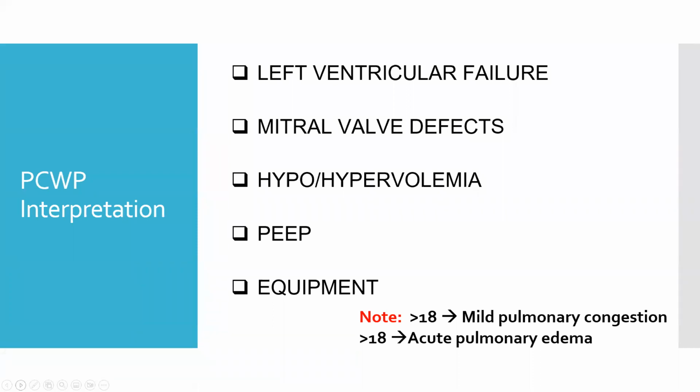If it's hypovolemia, pulmonary capillary wedge pressure would be low. If it's hypervolemia, it would tend to be high, all else constant. PEEP, excessive PEEP drops your cardiac output. Your pressures are high, but your cardiac output's dropping. Note, if your pulmonary capillary wedge pressure is greater than 18, that's mild pulmonary vascular congestion. If it's greater still, acute pulmonary edema.